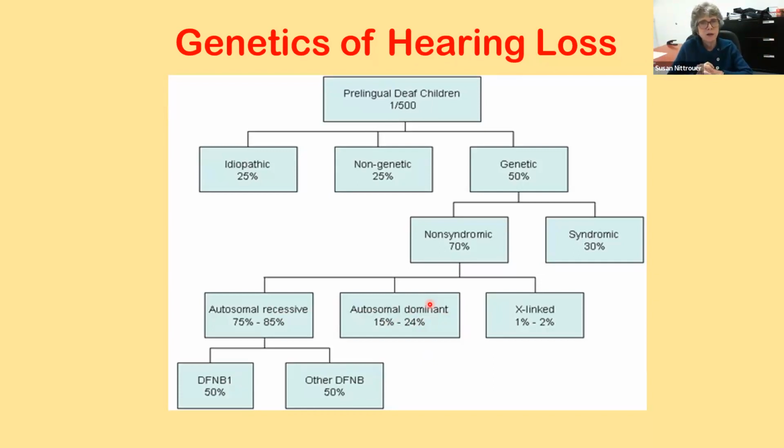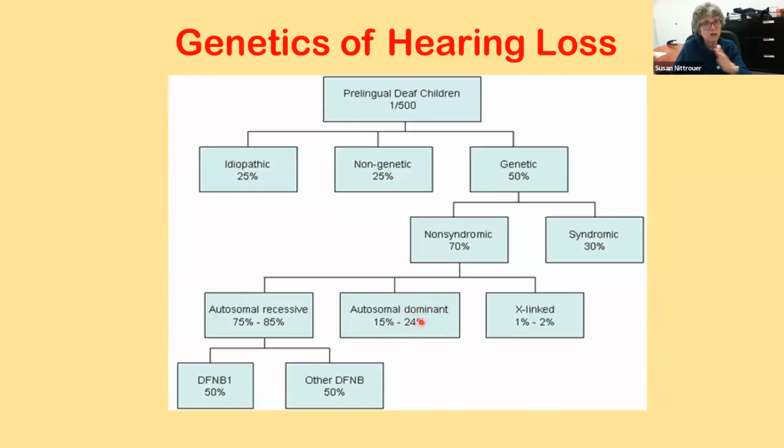You might have seen Nyle DiMarco on Dancing with the Stars, an actor who is deaf, and his whole family is deaf for many generations, and that's surely an autosomal dominant genetic condition.